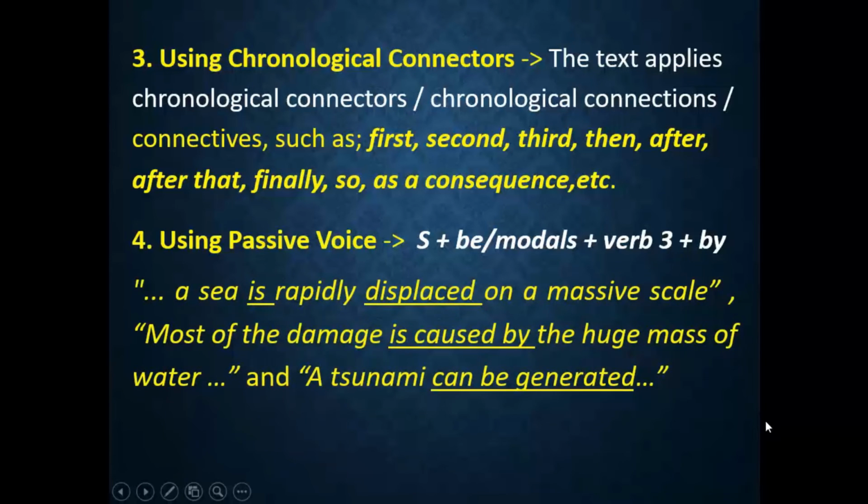For example, in the sentence "sea is rapidly displaced," is here is the auxiliary or be, and displaced is verb 3. "Most of the damage is caused by..." You see, is and verb 3, caused, followed by "by". "A tsunami can be generated." Also, it can be modal verbs here, of course followed by be, and generated is verb 3.